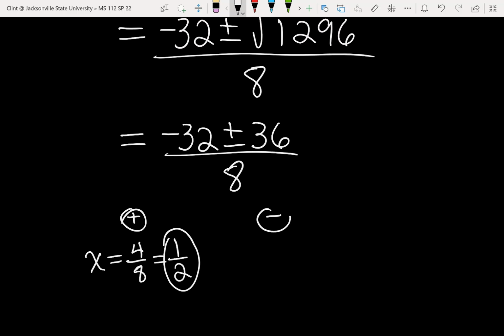If we use the minus sign, negative 32 minus 36, negative 68 over 8. Then we have to simplify there, so let's see, they're both even. Negative 34 over 4, still both even, so negative 17 over 2.